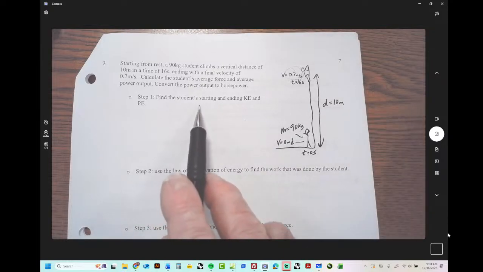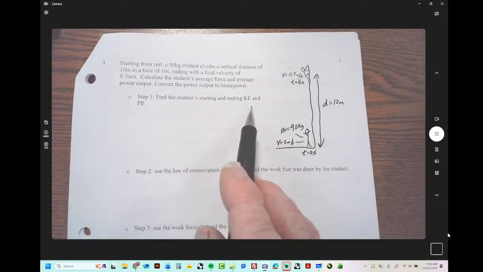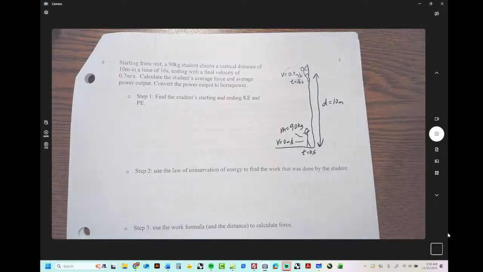So this says to find the starting and ending kinetic energy and potential energy. If you don't need a calculator, just tell me.